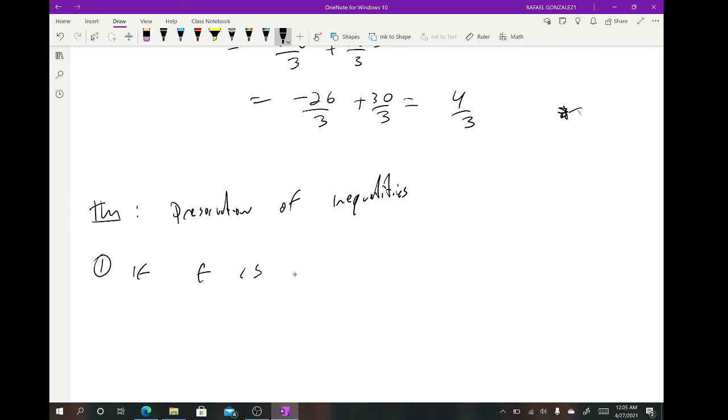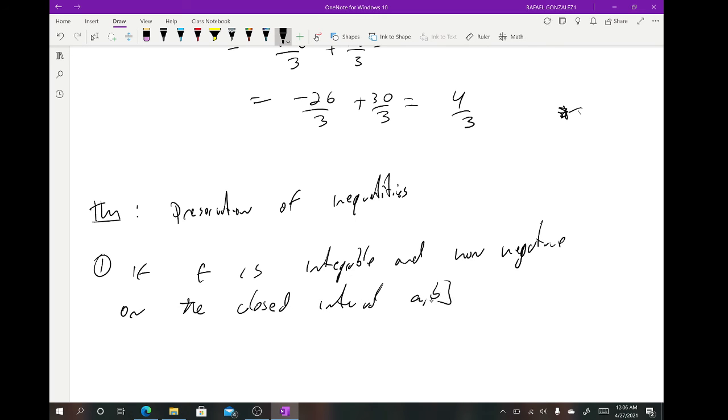So if f is integrable and non-negative on the closed interval AB, then the definite integral from a to b of f of x dx is bigger than or equal to 0.